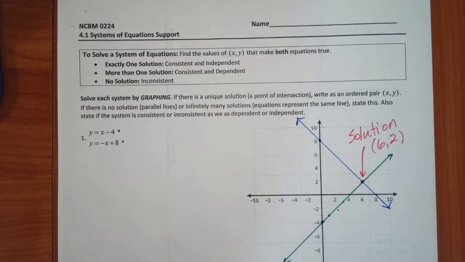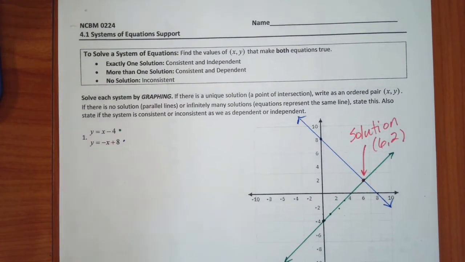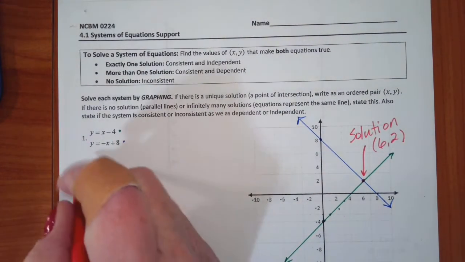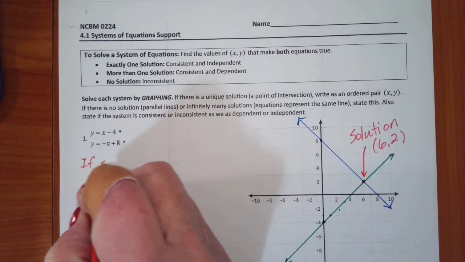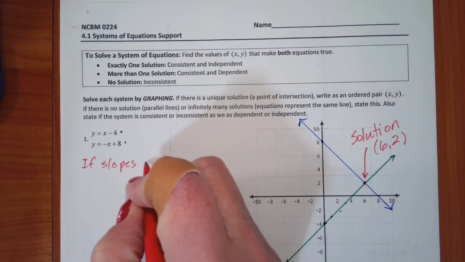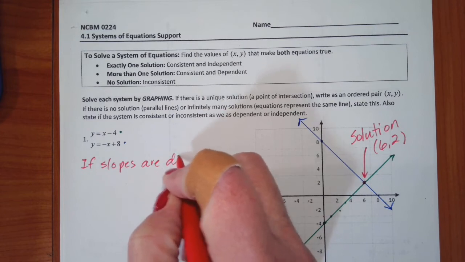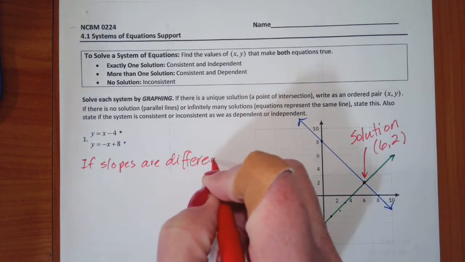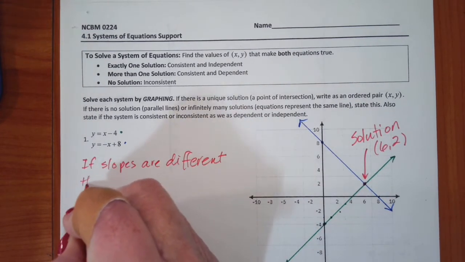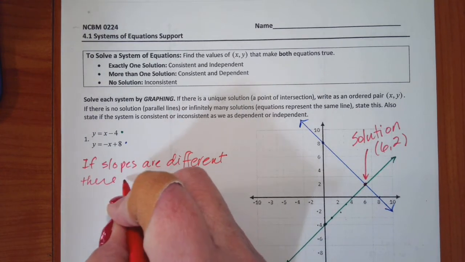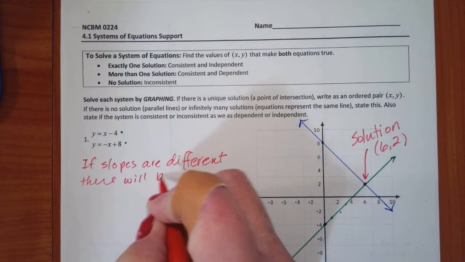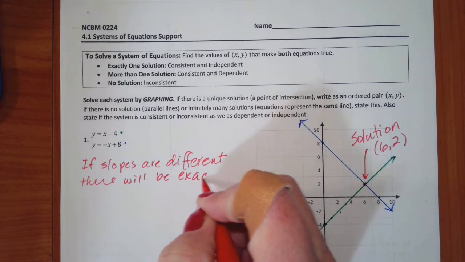Now, the other thing I want you to notice, just in the big picture, is that these two lines have different slopes. If the slopes are different, there will be exactly one solution.